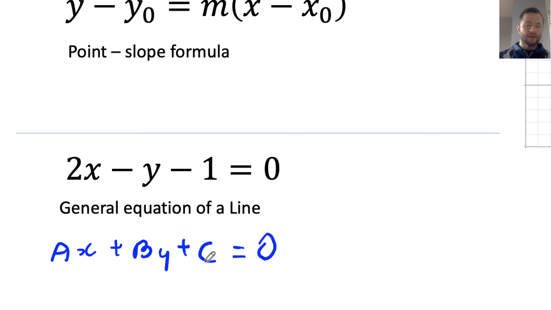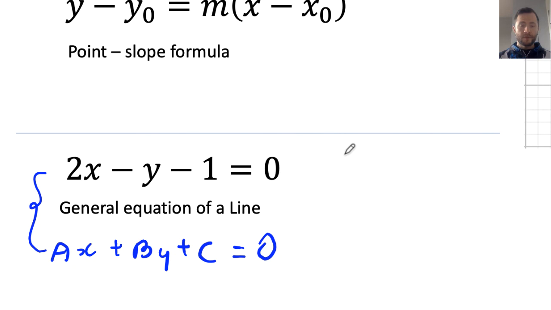And I would recommend that you remember this, both the general formula and the equation of this line in general form, so that you can transform slope-intercept or point-slope into the general equation of a line, or vice versa. And this is something we're going to practice.